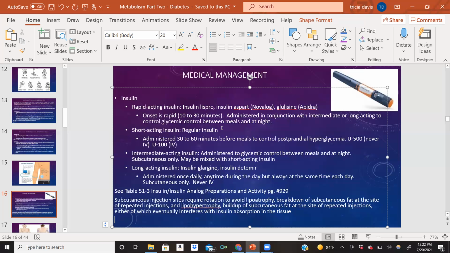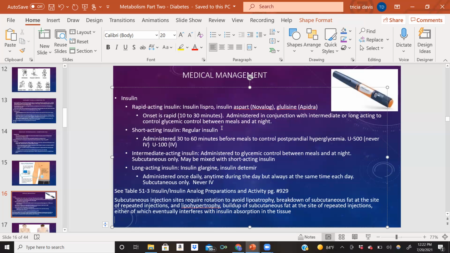This is for people who really struggle with being able to control their blood sugar throughout the day, also at night as well. Sometimes they get this before they go to bed, but they also can get it during the day. It's usually administered once daily, anytime during the day, but always at the same time each day. This is only delivered subcutaneously, and it's never given IV.